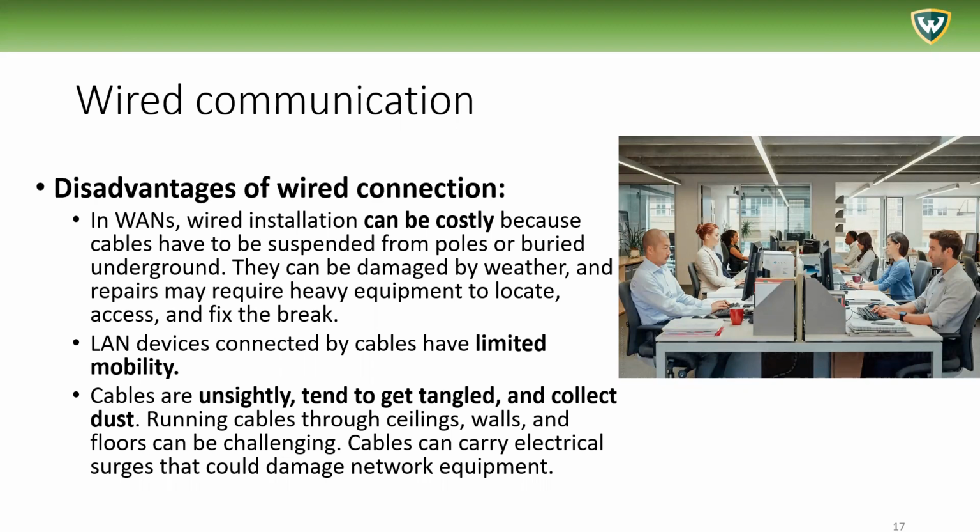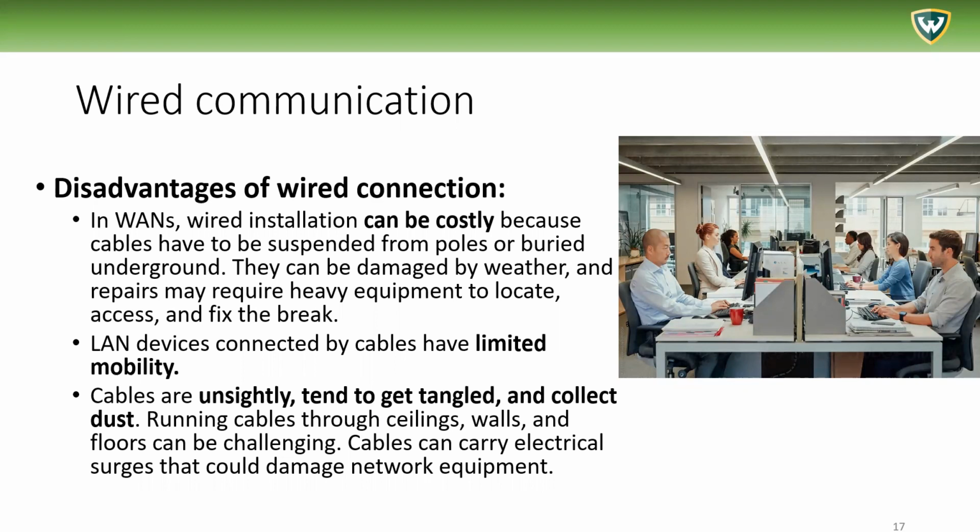In the wired connection, the cables themselves are also potentially damaged by weather or other events like this. In local area networks, devices connected by cables have limited mobility. Once you set up the cable from the internet service provider in your neighborhood to your house, it stays there, and it's hard to change as needed.